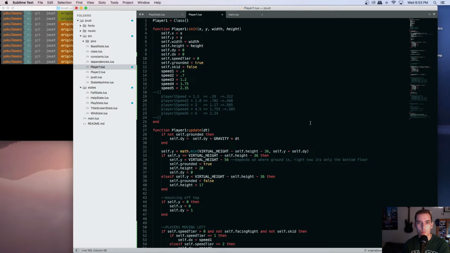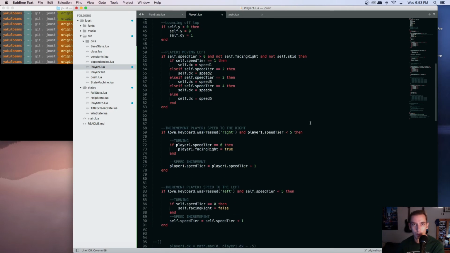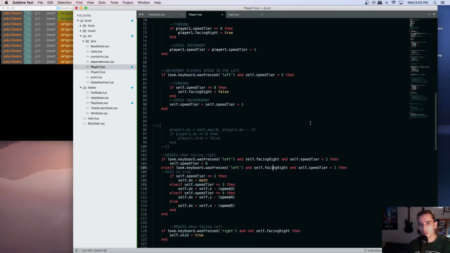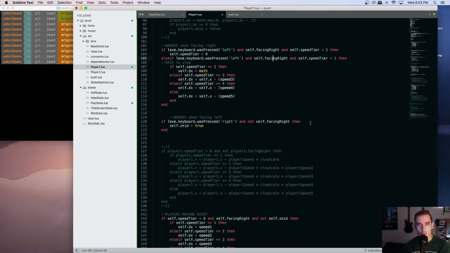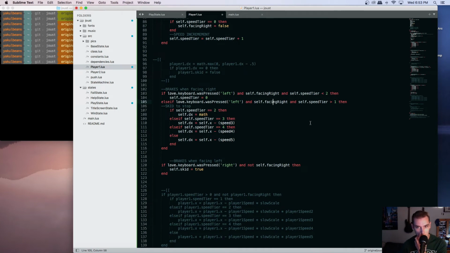So, okay, yeah, getting confused because there's a speed tier 0 and then all the way through speed tier 5, but there's only 5 speeds. So here, this will be the skidding math.